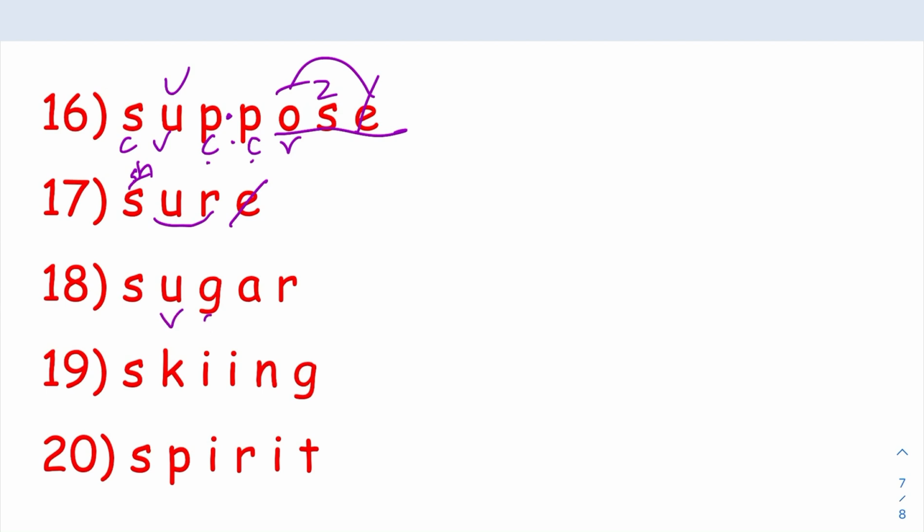Our next word, sugar. So we could divide here to make the sound, sugar, like book, sugar, so that U is making a different sound. And what I love about this is if we use the ER spelling pattern for sugar, this would be our soft J sound.